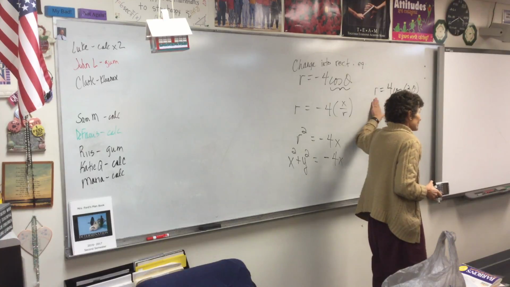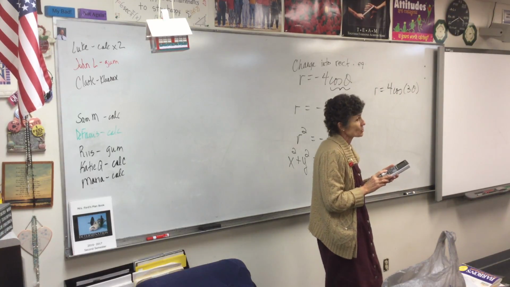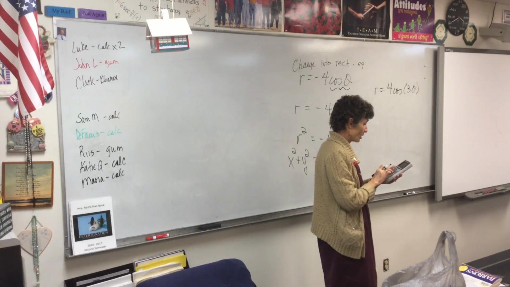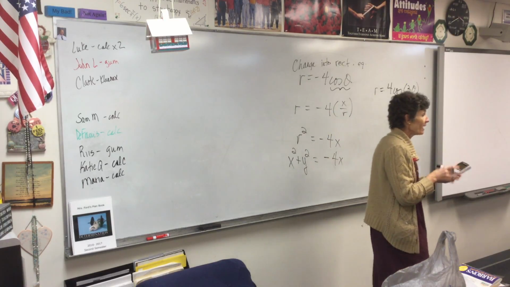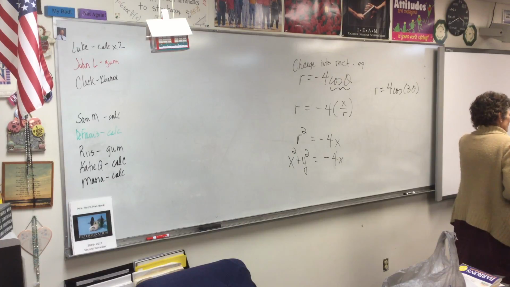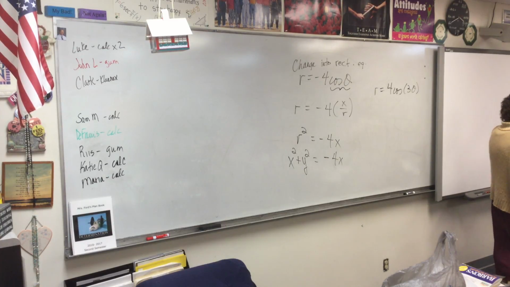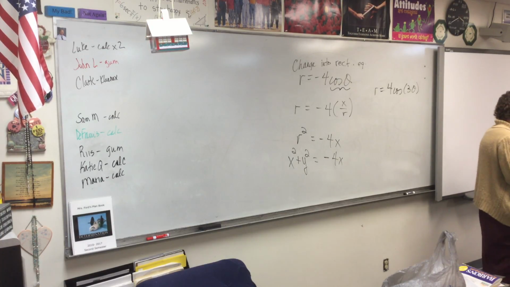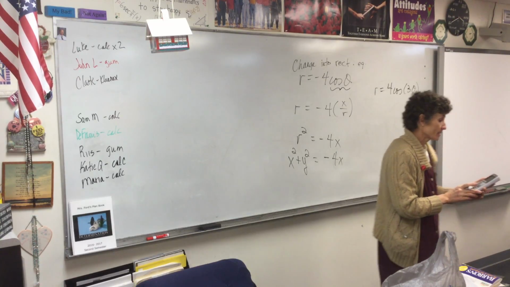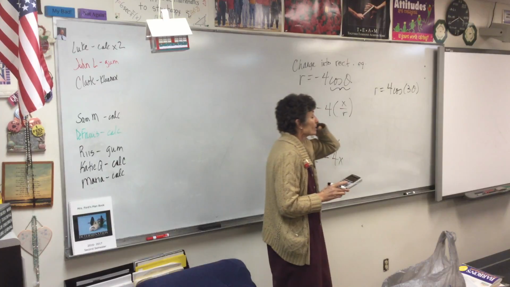Now it is r equals, because you changed it to polar. So 4 cosine 3 theta. Theta is your x variable. It's your variable button. If you're in function mode, it's x. If you're in parametric, it's t. If you're in polar, it's theta. All right. It's the X button. Press graph.